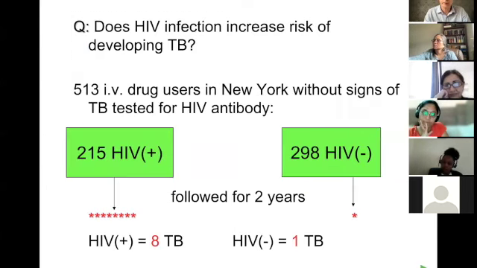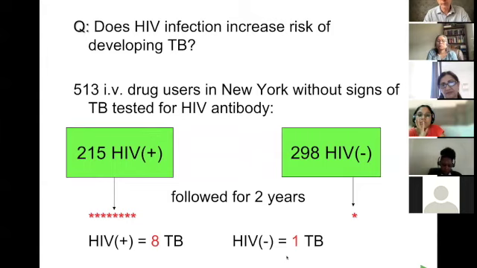Okay, here back to our example from New York. 215 HIV positive individuals were involved in the study, and 298 HIV negative individuals. These people were followed over 2 years' time.